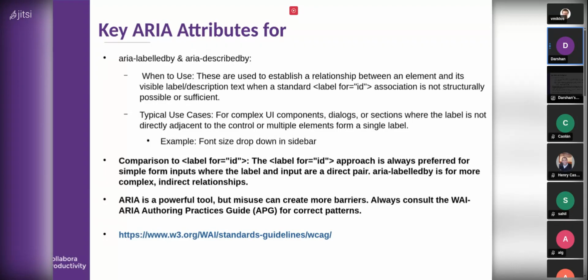It will be very confusing for the assistive technologies, and it confuses the screen reader users, the visually impaired users, if both implementations are done on the same element. We should do either this or that. If we make this complicated, then it will be a much more cumbersome situation.